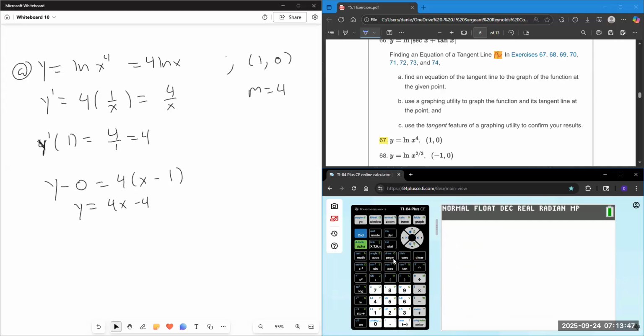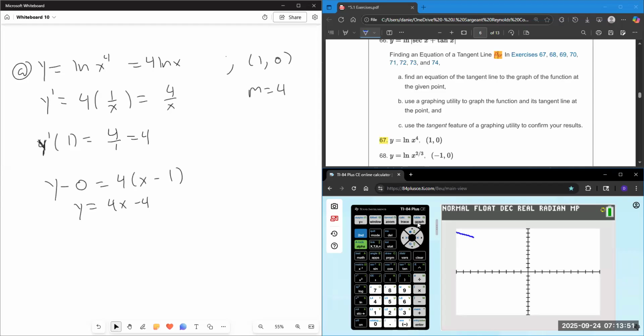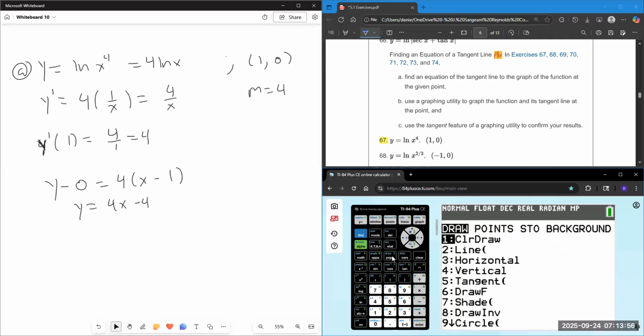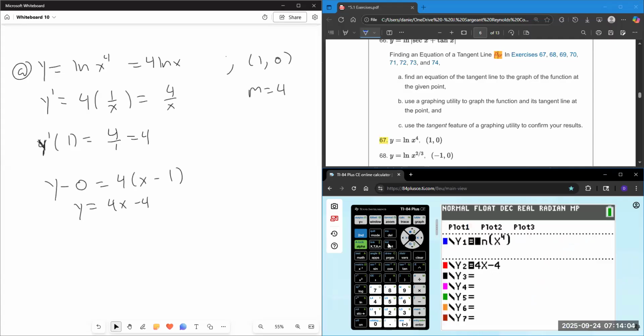Second, draw, clear draw. Come in here. And second, draw tangent when x is 1. There we go. So my blue and my red lines lie over top of each other.